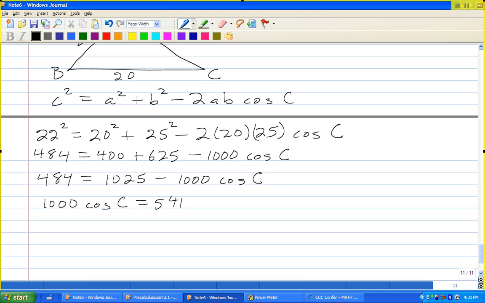And so cosine C is equal to, well, maybe I'll just write it that way. But of course it's not approximate. This is the exact answer.